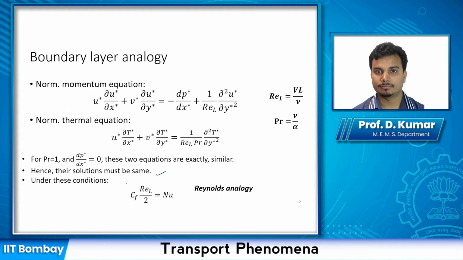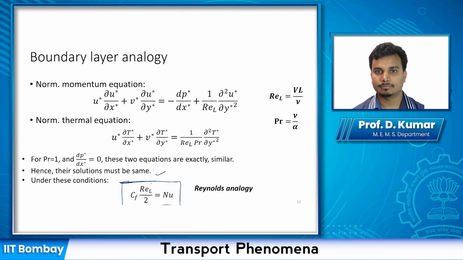So under these conditions, what we can write is, Cf is your friction coefficient, so Cf times Reynolds number by 2 is equal to Nusselt number. Since these two equations look similar, the results of one equation should apply to another equation. So that is what we are trying to say here. There should be some relation between this friction coefficient and heat transfer coefficient, and that is given by this analogous equation.